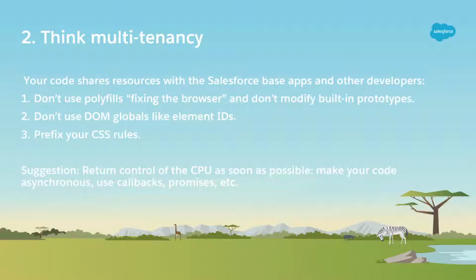Work with classes instead. And if you use CSS, prefix your CSS classes. There's a lot of tools online that can help you do that. There's also a lot of utilities that you can put in your build process, your grunt job, to sandbox your CSS and prefix it. That will make sure that your code doesn't affect other people on the page.